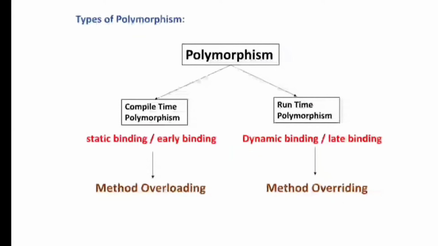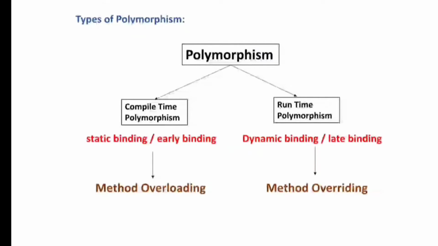We all know that in Java, when we run the program, first it gets compiled with the help of the compiler, right? And then it gets executed with the help of the JVM. So basically, some issues of a program are resolved at compile time, and some issues are resolved at runtime.